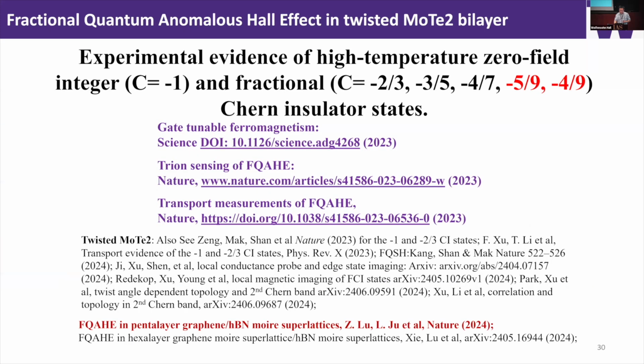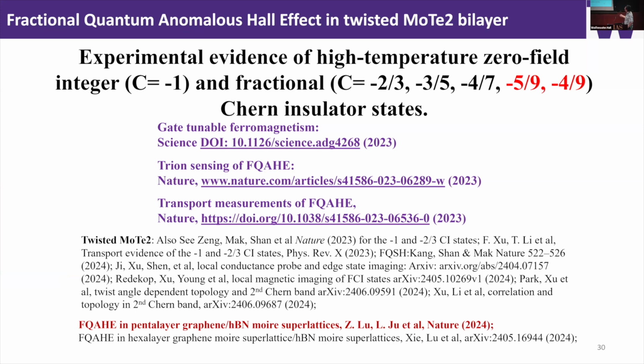The system I talk about today is twisted MoTe2 bilayer. Last year, we observed the fractionally quantized anomalous Hall effect, or FQAH, in these twisted bilayer MoTe2 systems. I give you a summary here.